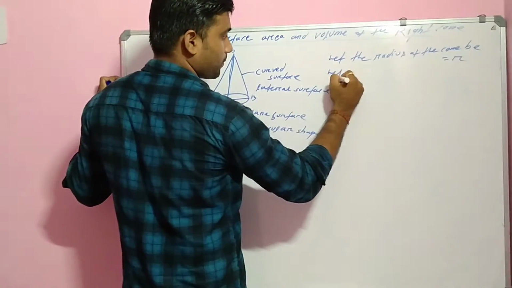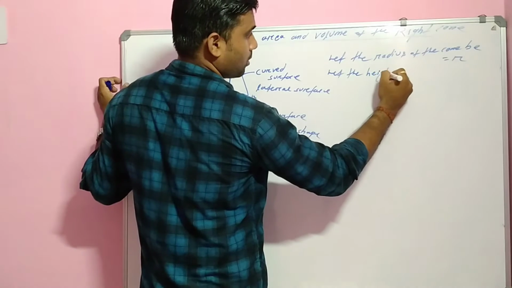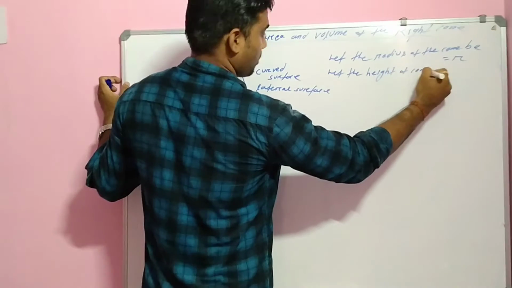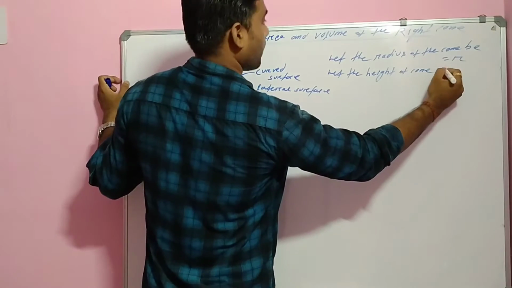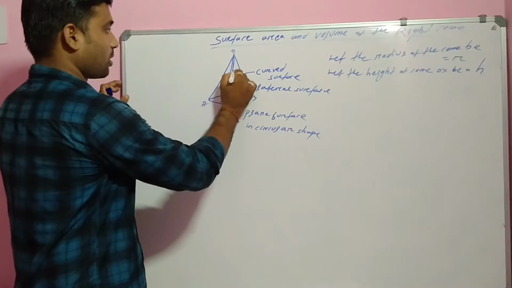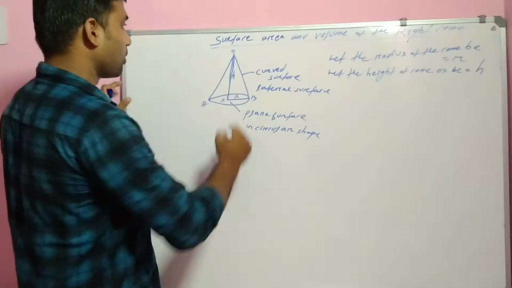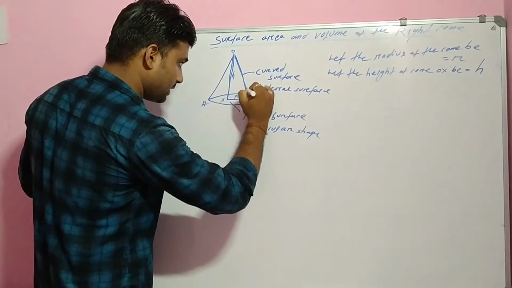So let the height of the cone OX be h. Okay, you got the height of the cone and the radius of the cone. Then we have to find the length of the slanting height.